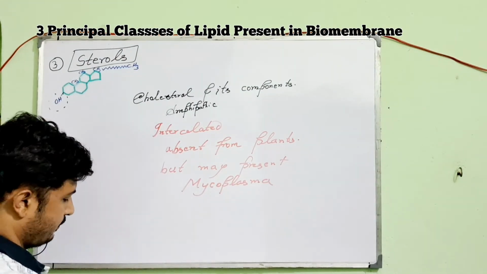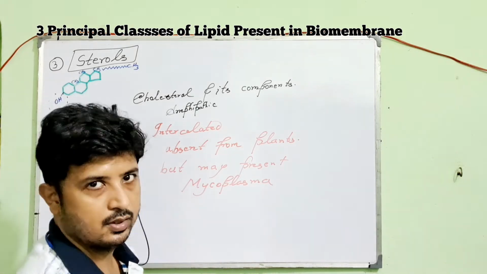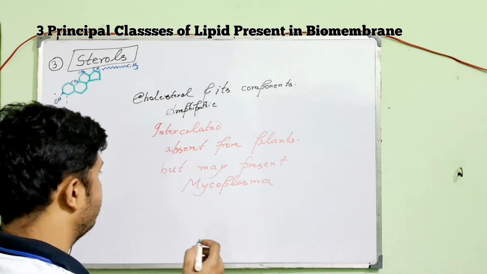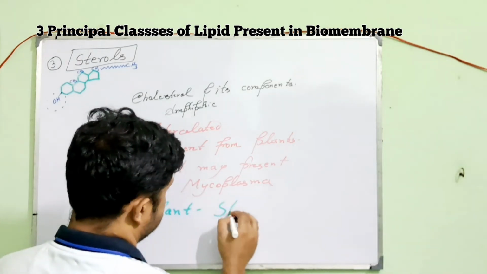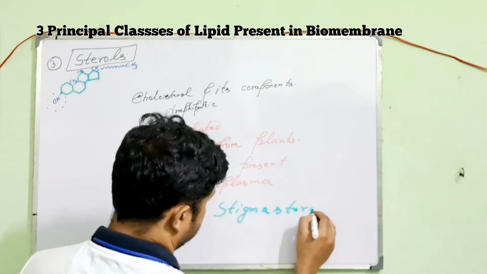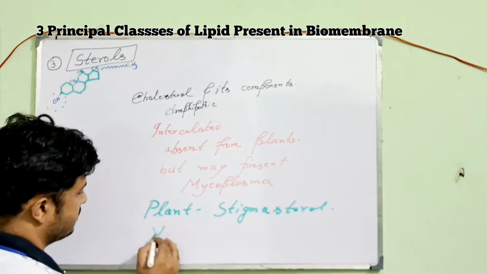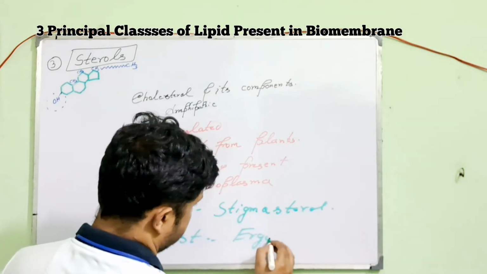Now, the sterol which is present in animal cell membranes is called stigmasterol in case of plants, whereas in yeast or fungi it is called ergosterol.